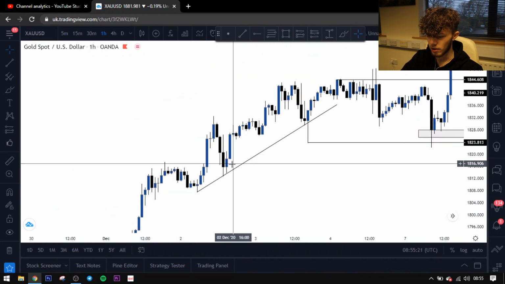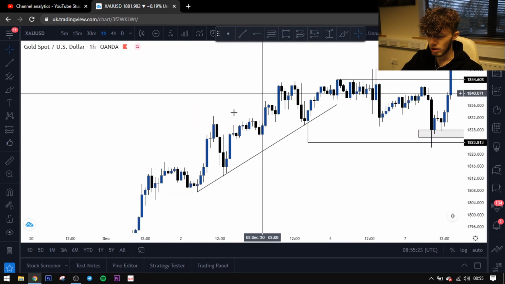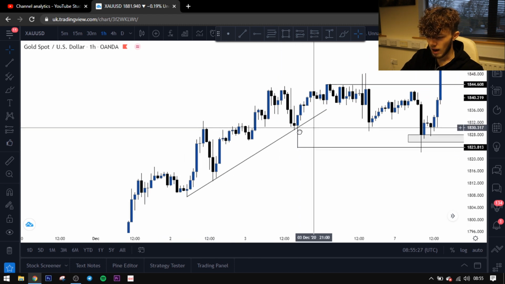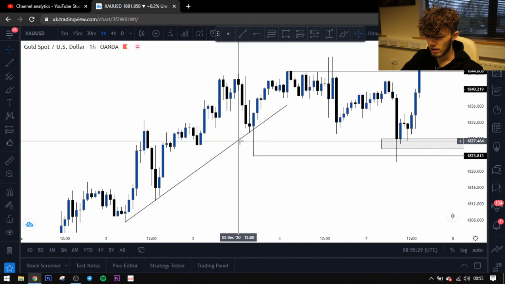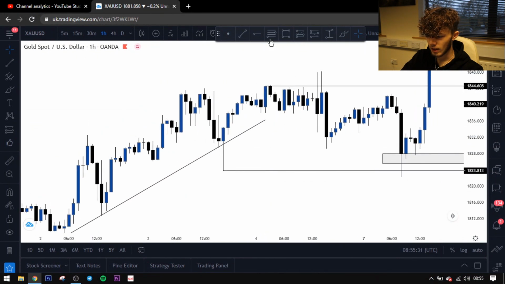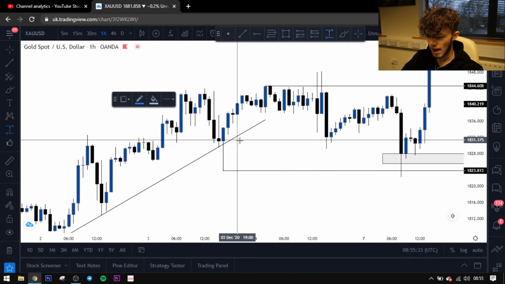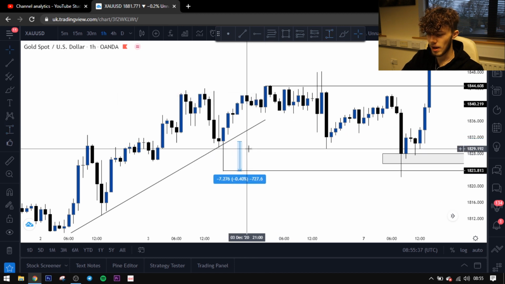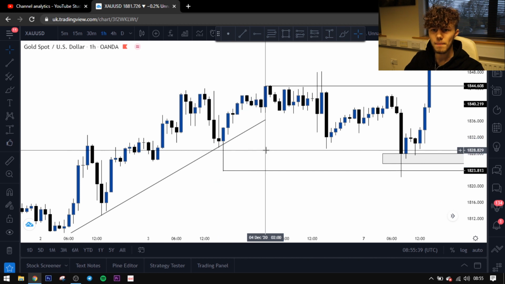We had a tap of the trend line, another tap here, push up, taps of the top one, back down to this one. And what we had here, you see this big wick. This is actually a 75 pip wick, around 75 pips.